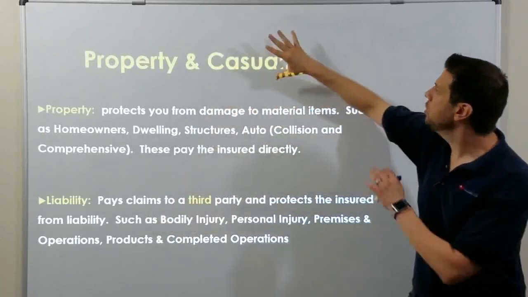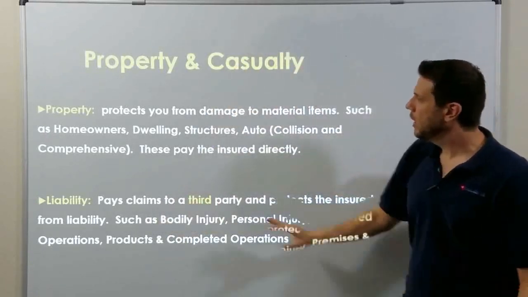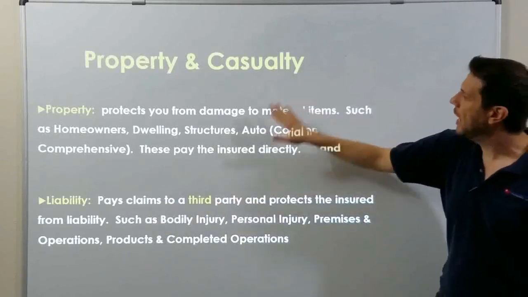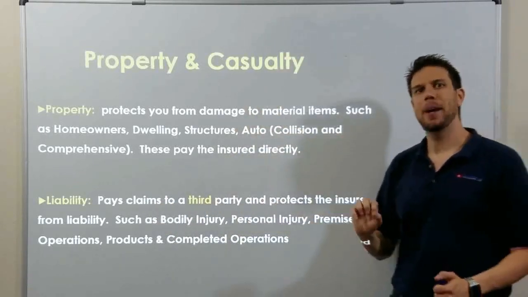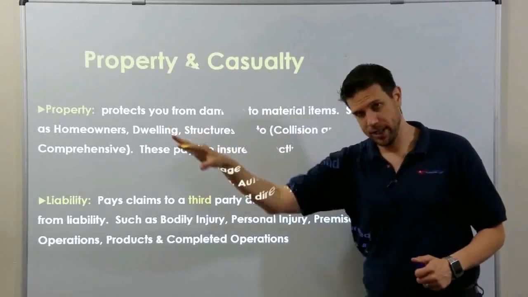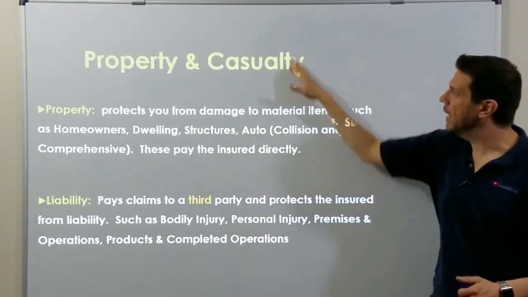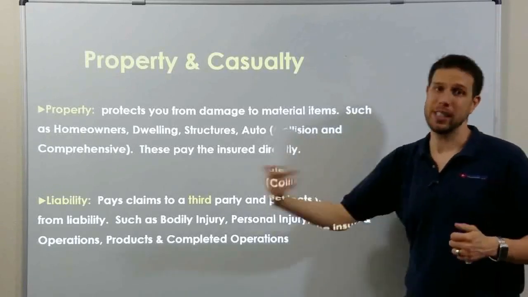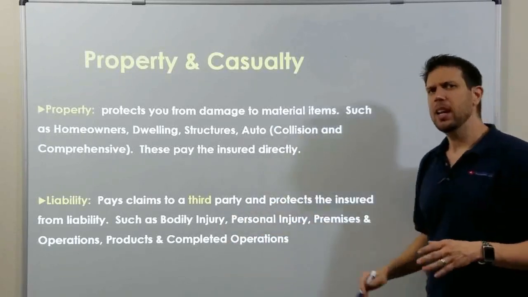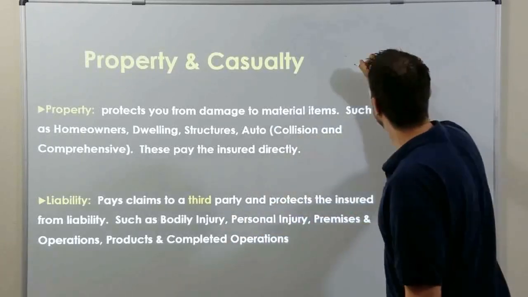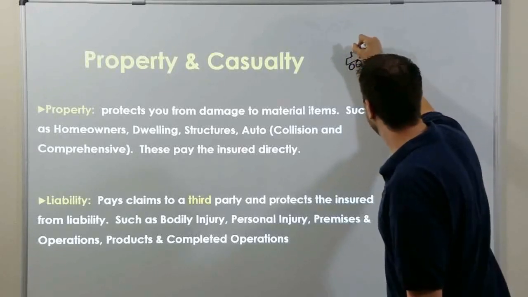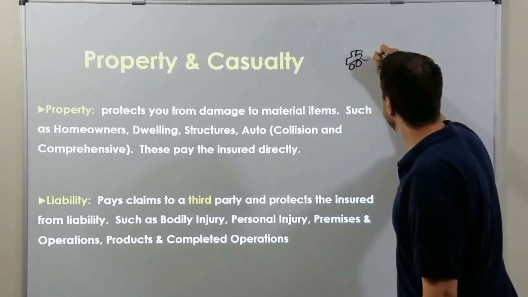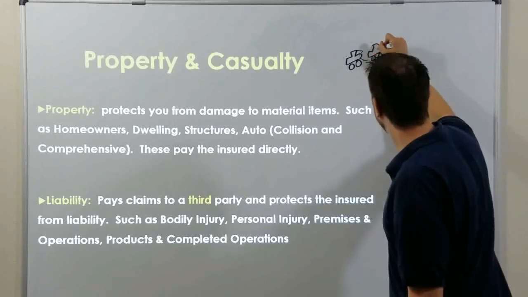Liability is also known as casualty. Liability, also known as casualty insurance, pays claims to a third party. When you have a casualty claim, instead of you getting money, somebody else gets paid. So, for example, let's say you're driving your car and you rear end another car.